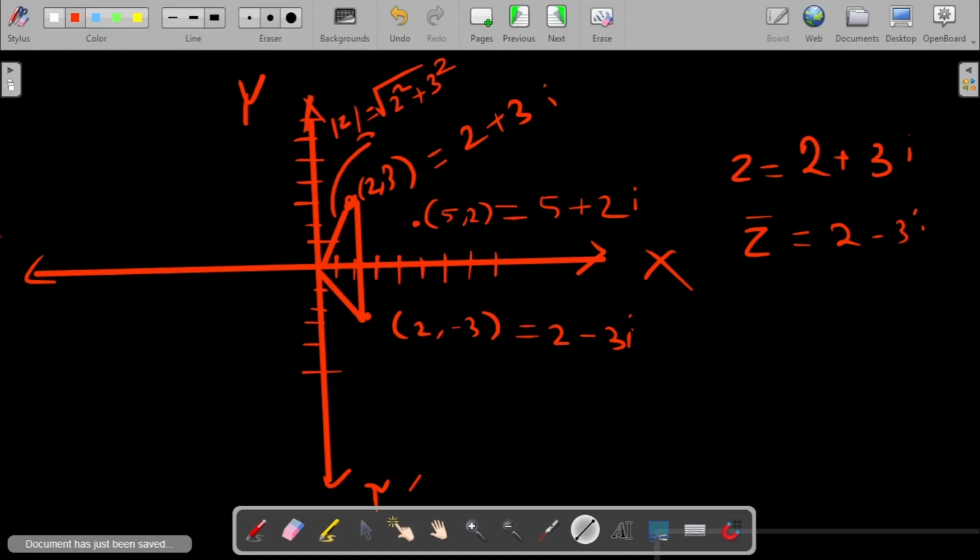If I assume that the x-axis is the mirror, then for 2 comma 3 the image is here, 2 comma minus 3. Understood? So the modulus of z is nothing but the distance from the origin, and the argument of z is the mirror image. Okay, thank you.